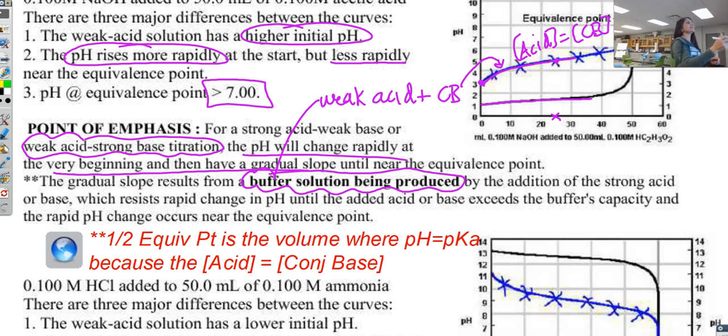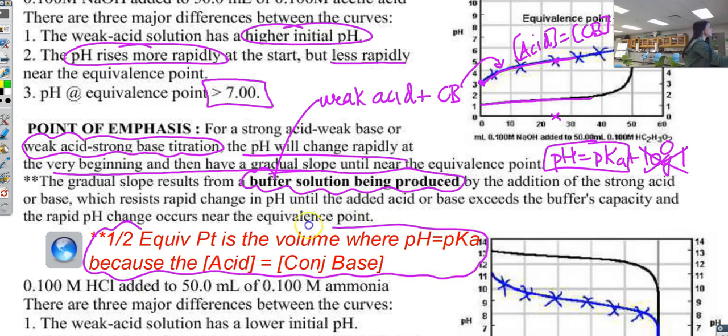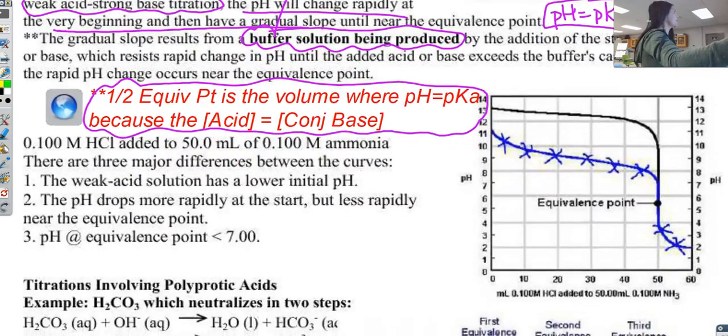Well, the importance is if we use the Henderson-Hasselbalch equation, pH equals pKa plus log of Cb over A. If your conjugate base and your acid are the same and you divide them, the concentrations are the same, you get log of 1. And the log of 1 is equal to 0. So what happens is your pH is then equal to your pKa, okay? So this halfway to equivalence point is really important when we're dealing with AP questions, okay? So keep that one in mind.